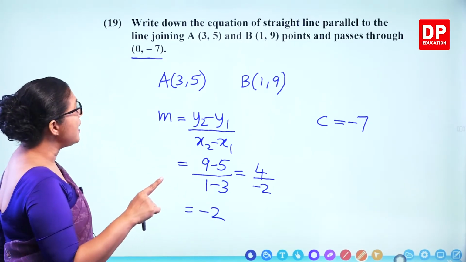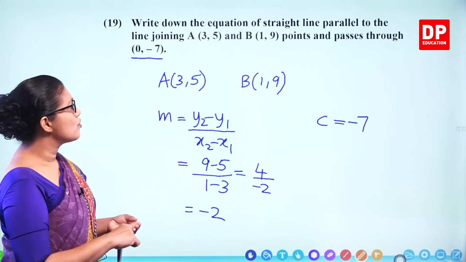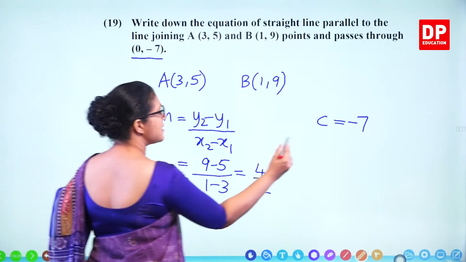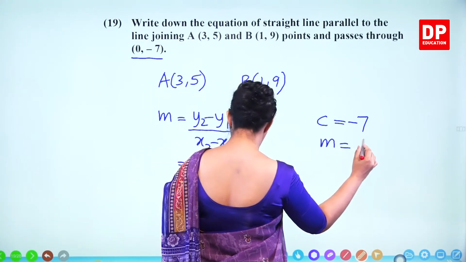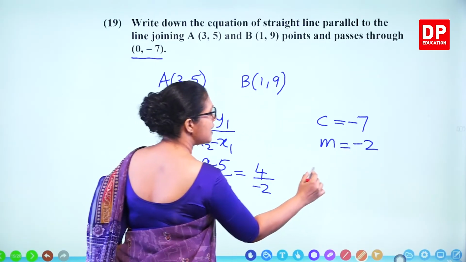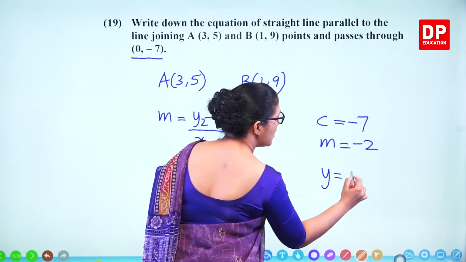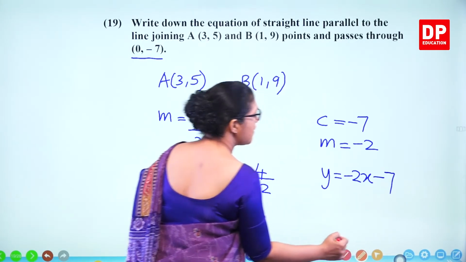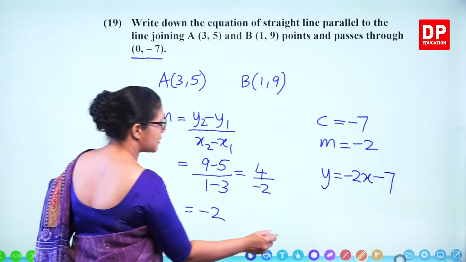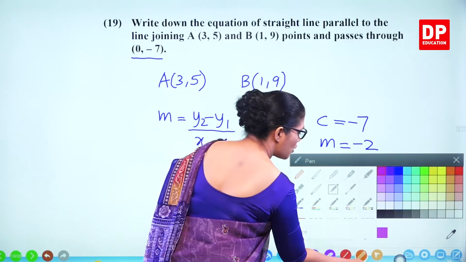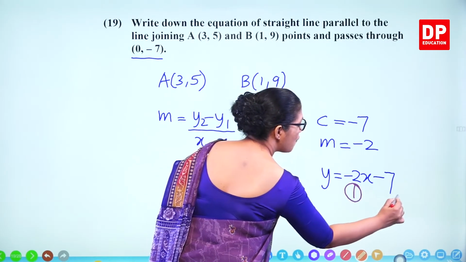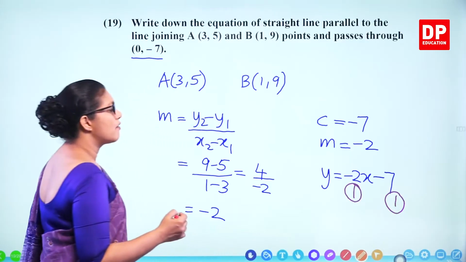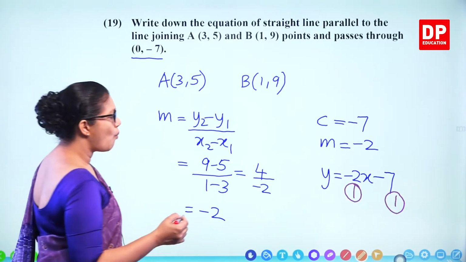Now the line is parallel to this one, meaning you get the same gradient for the new equation, -2. So what's the equation? y equals mx plus c, y = -2x - 7. So that's the equation. You get 2 marks: 1 mark for finding the correct gradient and 1 mark for the y-intercept.